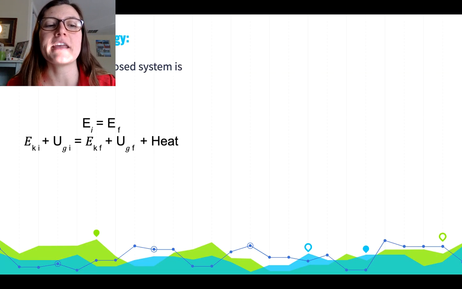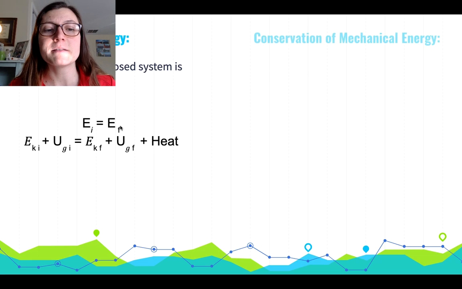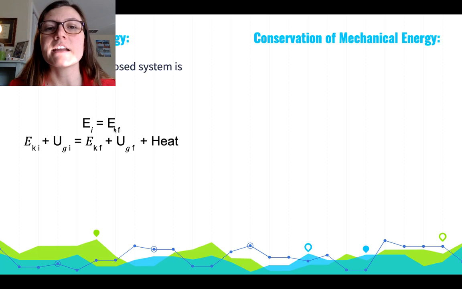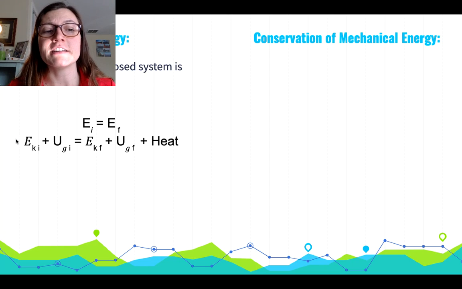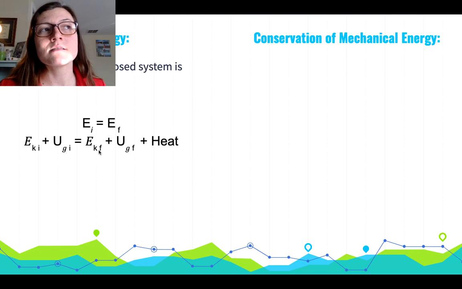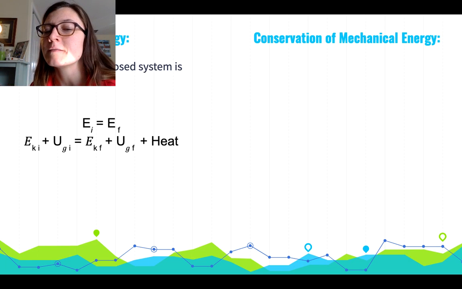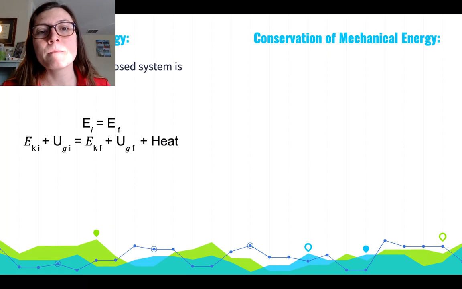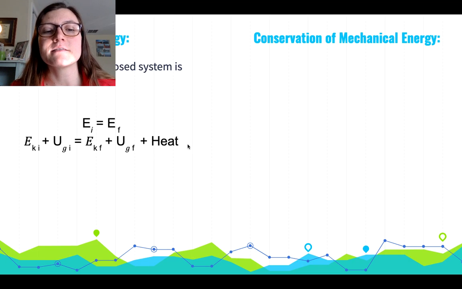And the equation that we came up with: the sum of the initial energy must be equal to the sum of the final energies in the system. We have initial kinetic energy plus initial gravitational potential energy must equal the final kinetic energy of the object or system, plus the final gravitational potential energy of the system, plus any energy that is expelled as thermal energy.